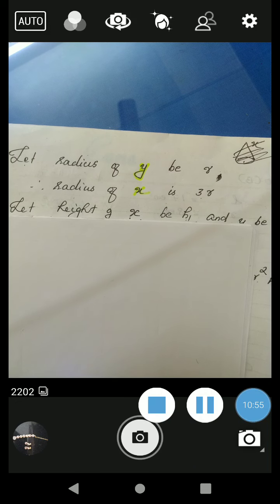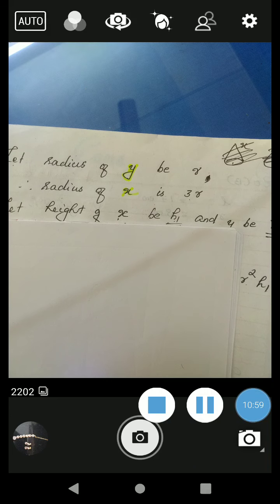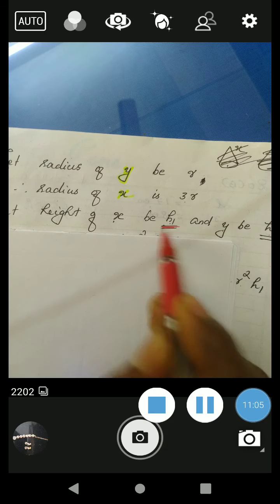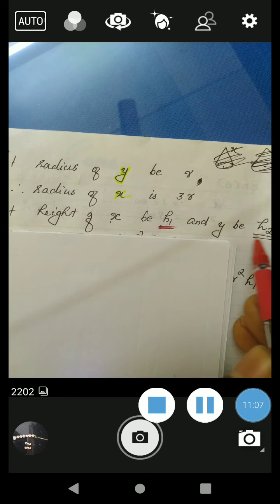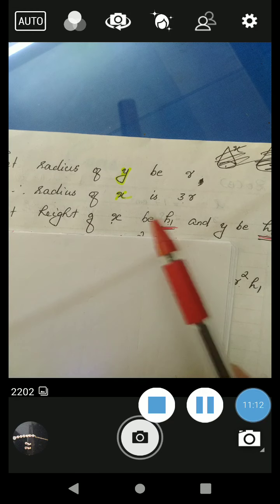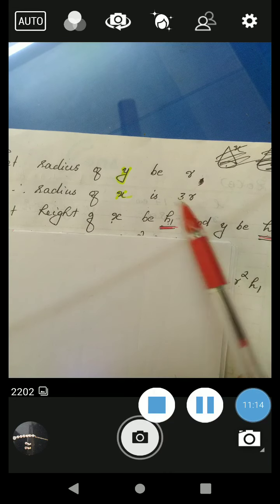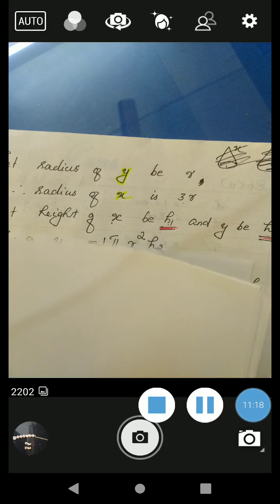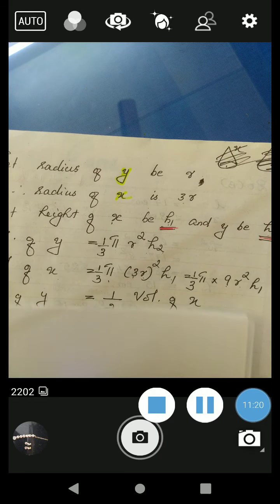Now, we want to find the ratio between the heights of x and y. So, let height of x be h1 and height of y be h2. Okay, h1 and h2. We know the radius of x is 3r and the radius of y is r. Okay, and one more condition is given.